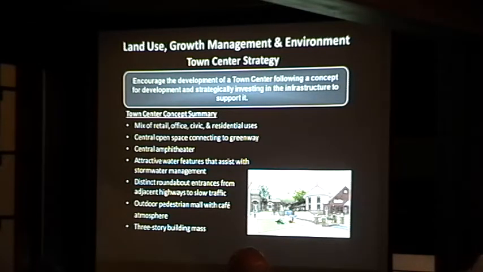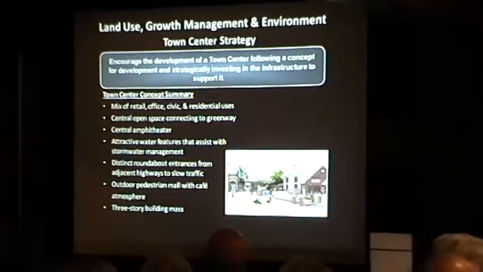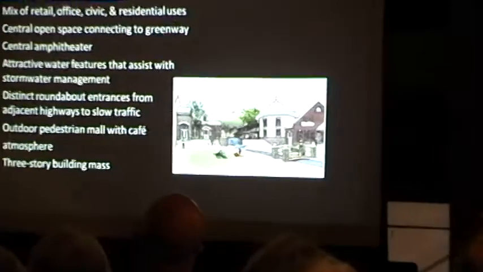Now at this point, the town center is a part of our land use, growth management, and environment goal. As I mentioned before, back in 2005, when the zoning ordinance was adopted, the area to the southwest corner of 158 and 801 was set aside as an area that would be the town center. As many of you know, other towns might have a more historic town center that they grew up around.